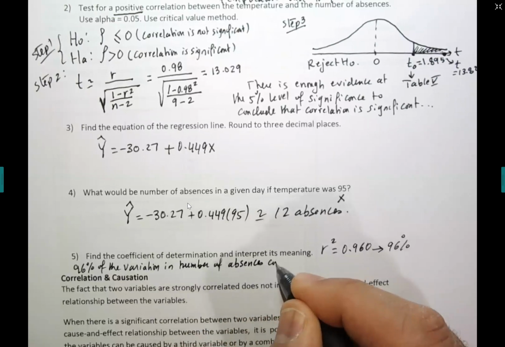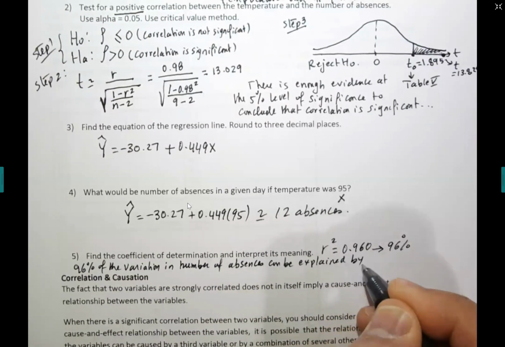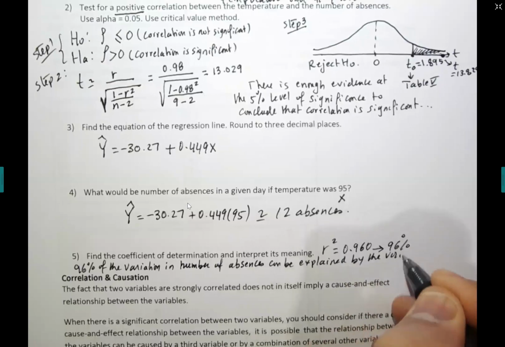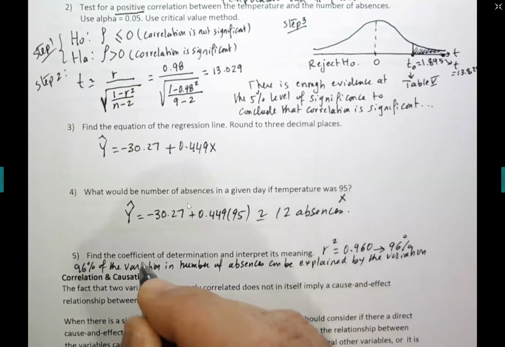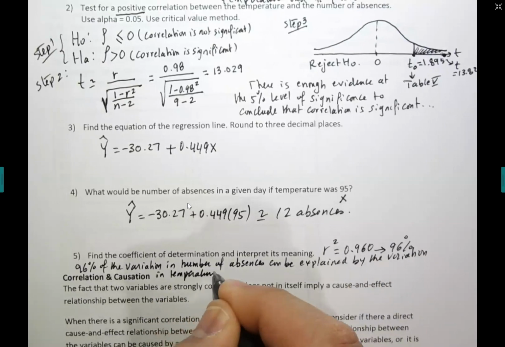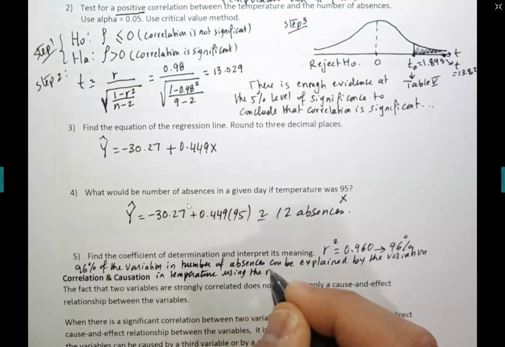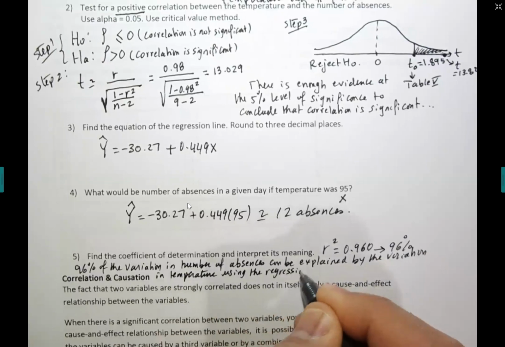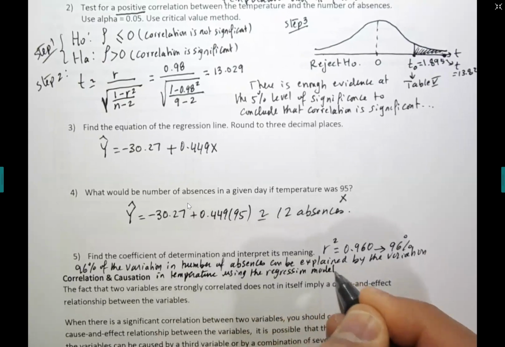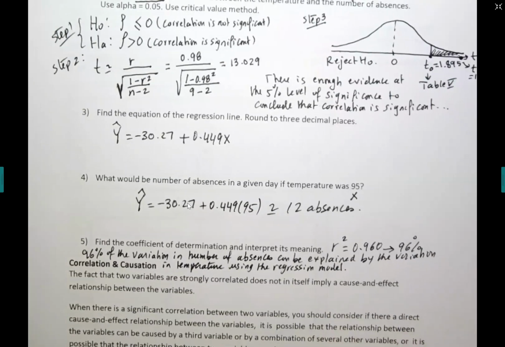Can be explained by the variation in temperature, using the regression model. There is a 4%, guys, that is not explained by the regression model.